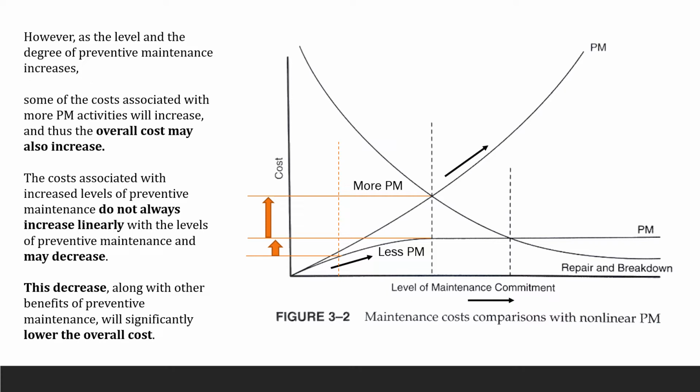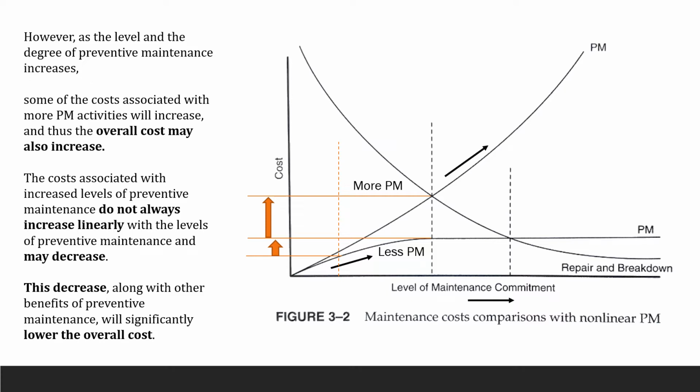So this level of maintenance is very critical. If you go up, you can see right here, repair and breakdown costs go down, and you will be spending less money on your preventive maintenance cost, going down from there to there.